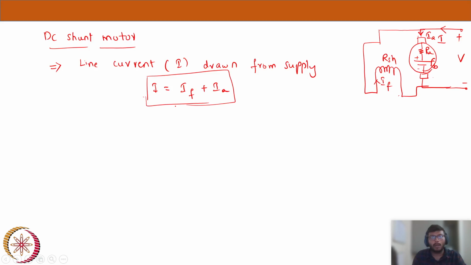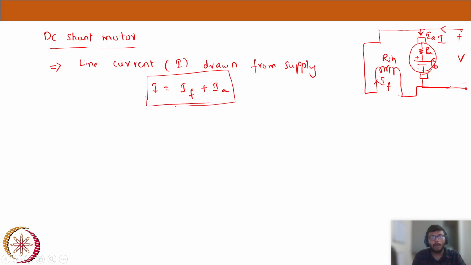So you see, EB plus the IRA drop will be the total supply. The same supply will be seen across my field winding. Divided by the shunt resistance RSH, it will give you the field current that flows. So this is more or less the basics of the DC shunt motor. It is pretty simple.